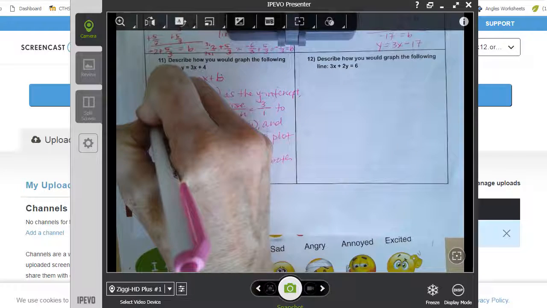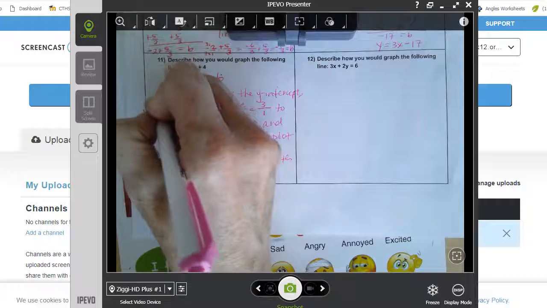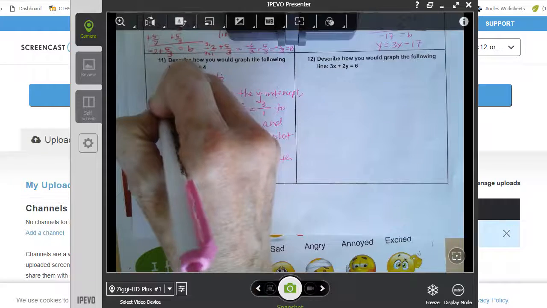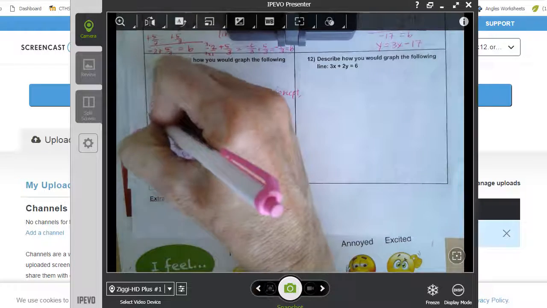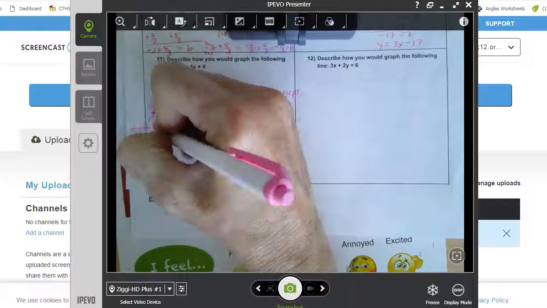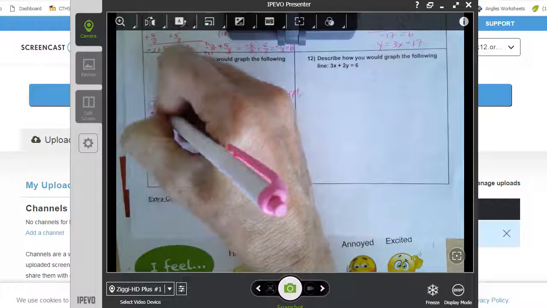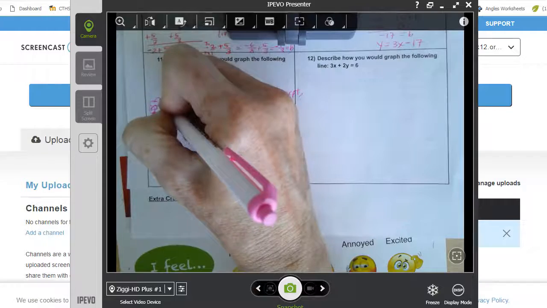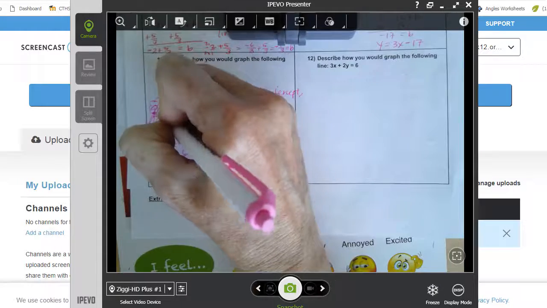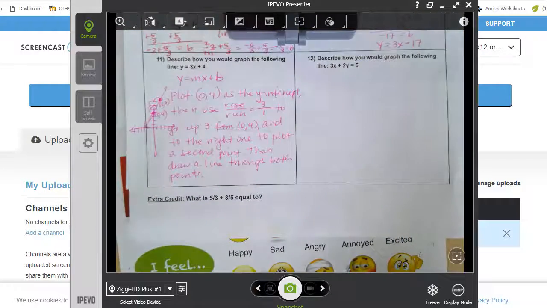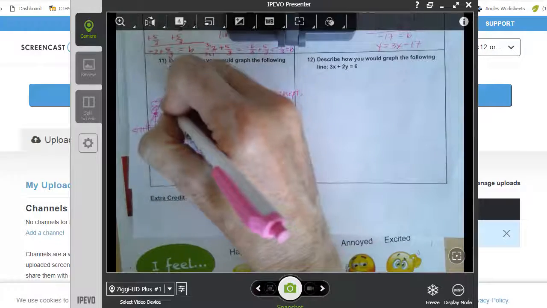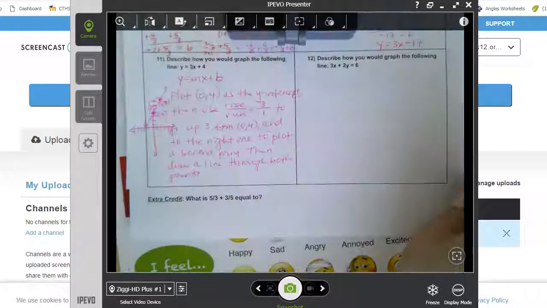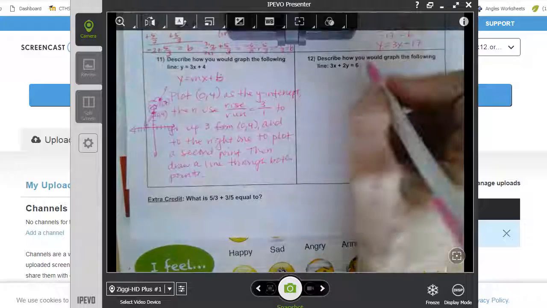I'm going to go up 3, and then over 1. There's my second point, which would be at 1, 7. And I can show how I would go about doing that graphing. Okay. Final one. How I would graph this.